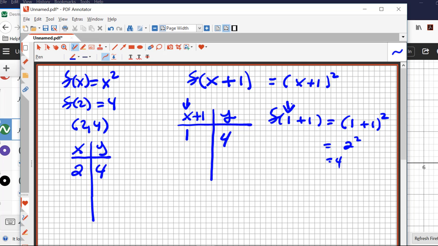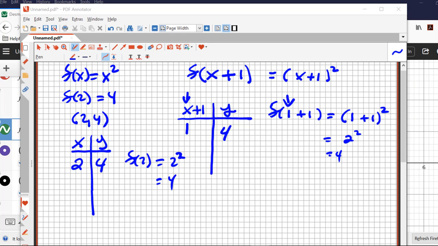But what I'm entering is a 1. 1 gives me the 4. In the past, if I would have entered f of 2, that produces a 4. So this is why the vertical, the y, is not changing. What's changing is the x. But another way of thinking about it is, what value do I need to enter in order for me to get that same output?